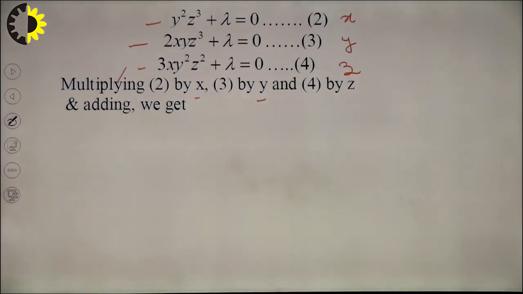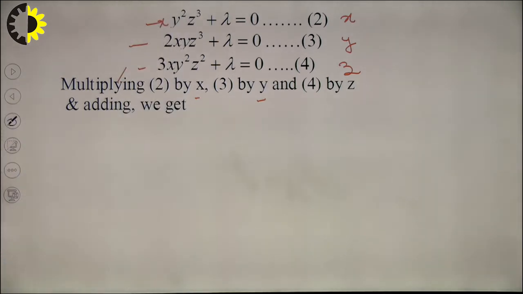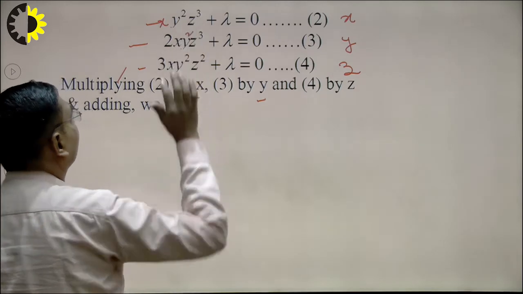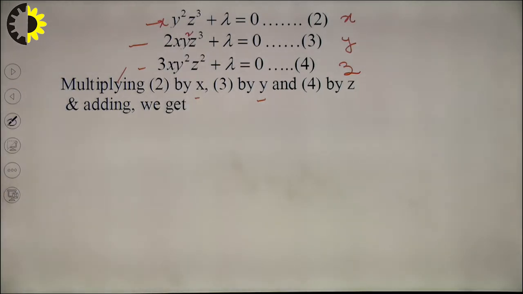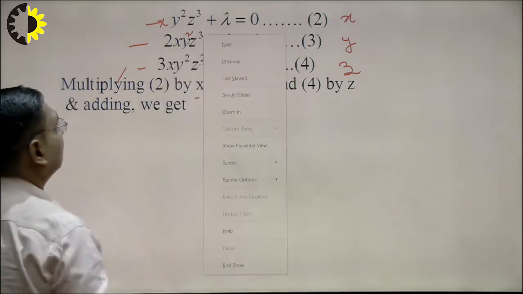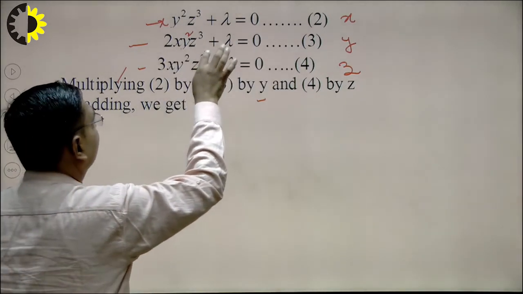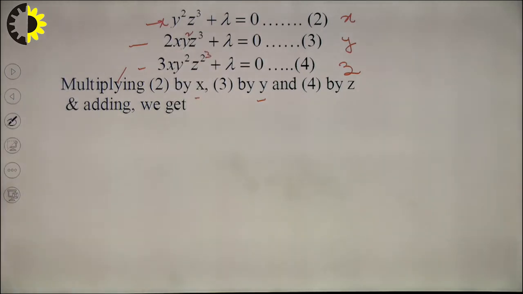By doing so, what will happen? This term will be x times y square z cube. This term will be twice x y square z cube, and this term will be thrice x y square z cube.